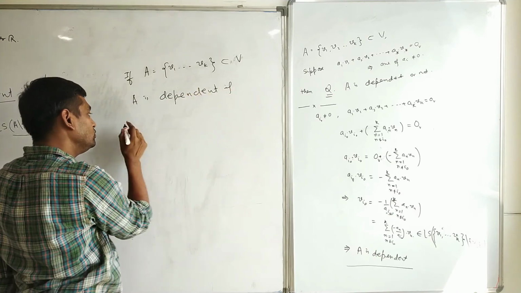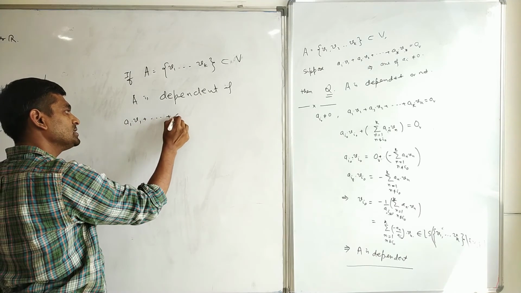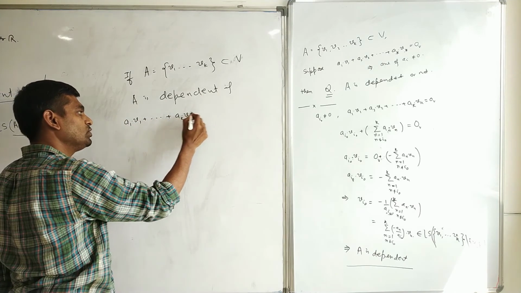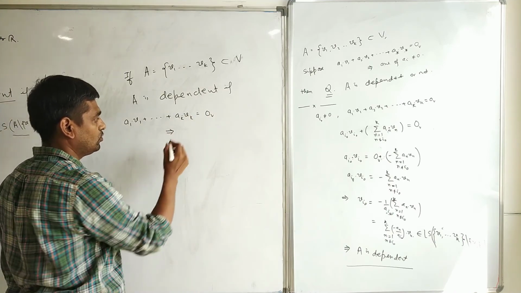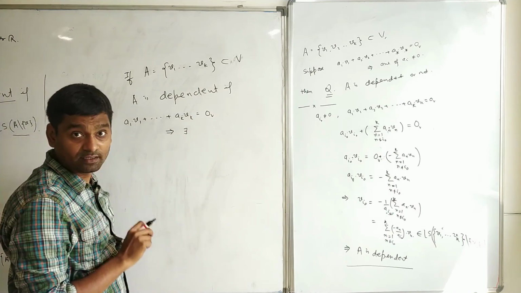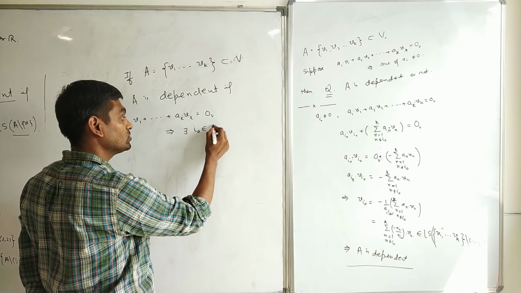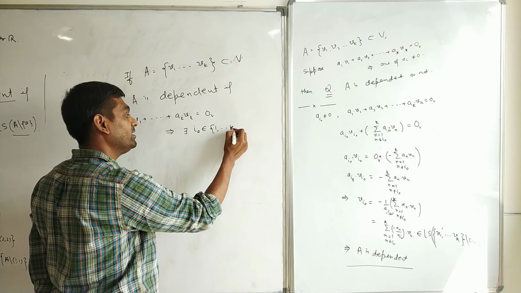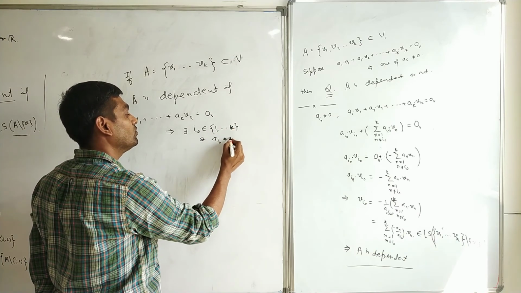If you take any equation, this is the equation a1 v1 plus ak vk, and suppose you equate this to 0v, and suppose this implies that there exists i naught which belongs to 1 to k, at least one i naught, such that ai naught is not equal to 0.